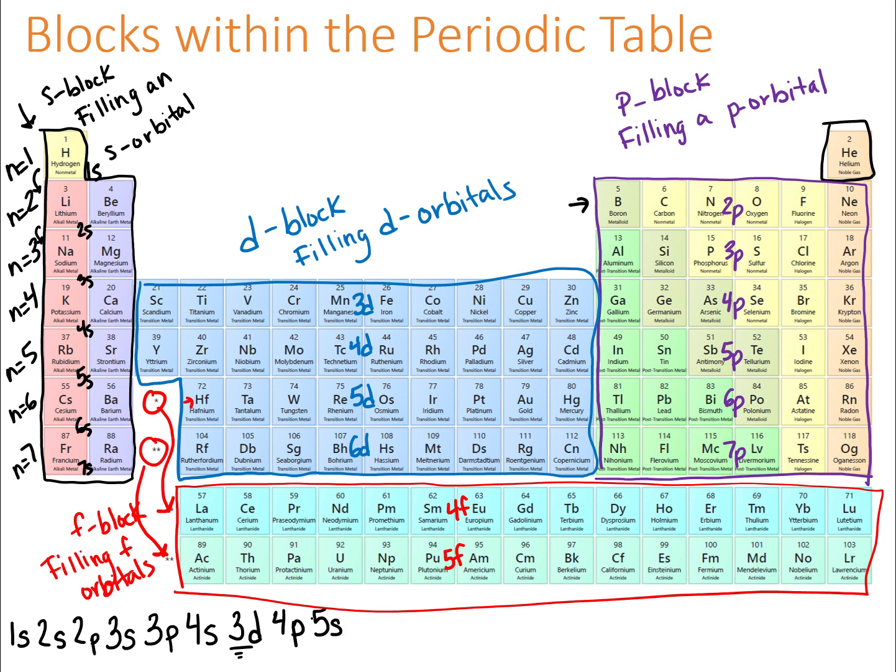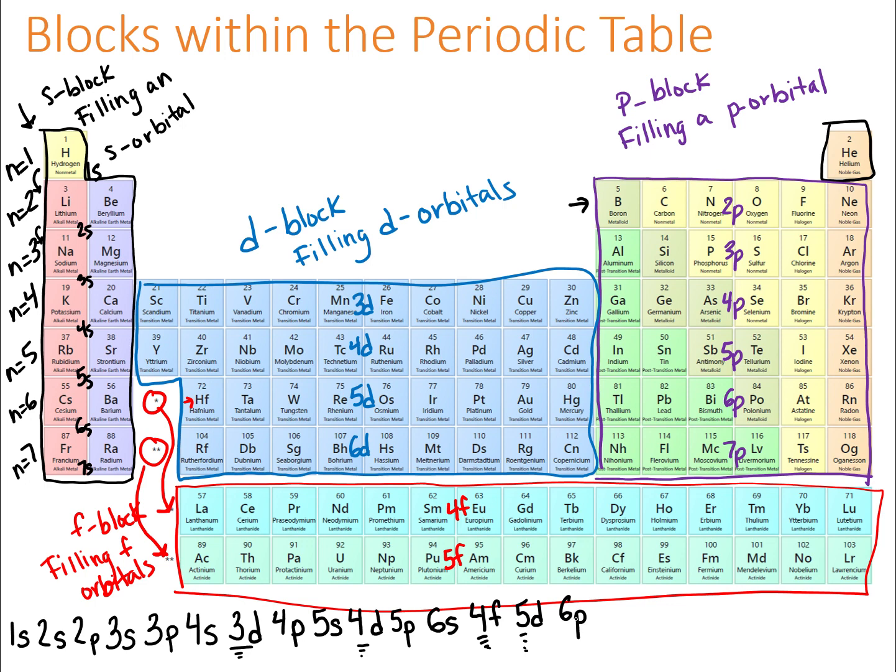We fill the 5s, the 4d, then the 5p. The pattern with the F's is that you fill the S. So we've got 6s, 4f, 5d, and then you fill the 6p.